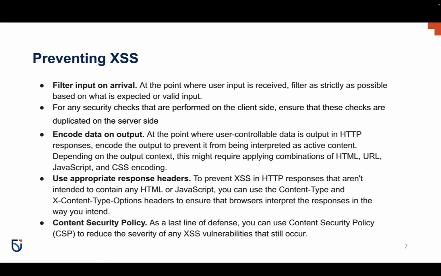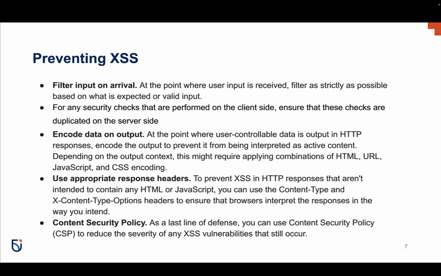Encode data on output. At the point where user controllable data is output in HTTP responses, encode the output to prevent it from being interpreted as active content. Use appropriate response headers. This is to prevent cross-site scripting in HTTP responses that aren't intended to contain any HTML or JavaScript.